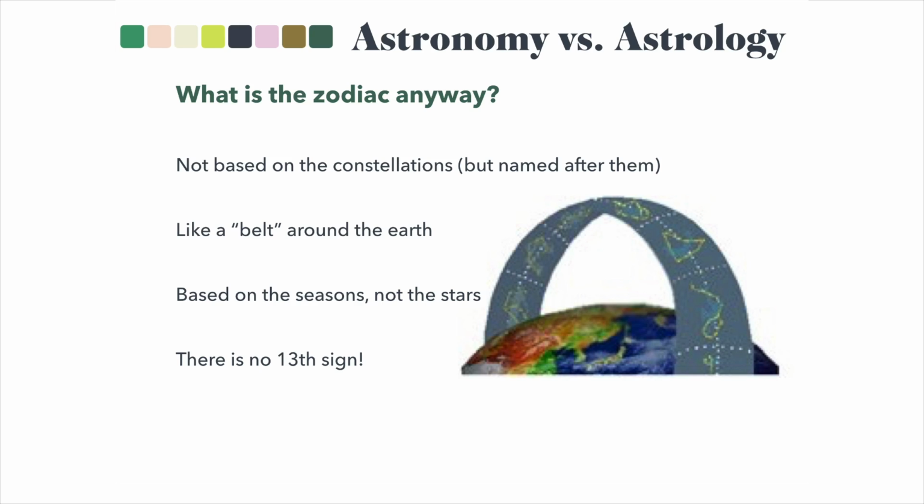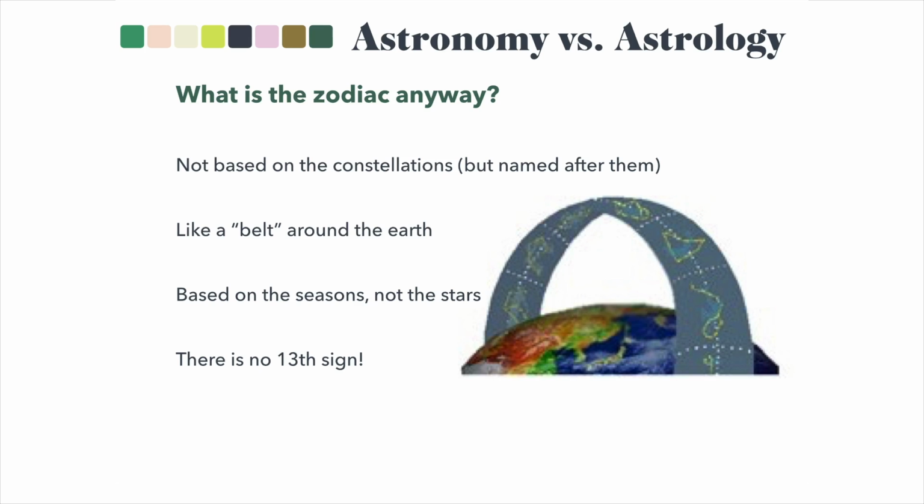And what NASA failed to do was research the history of modern astrology, because modern astrology is not actually based on the positions of the constellations in the sky. It's based on an imaginary belt around the Earth that is divided into 12 equal segments that are positioned based on the seasons.